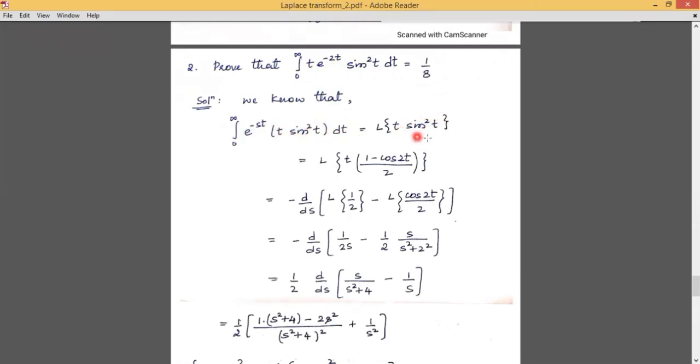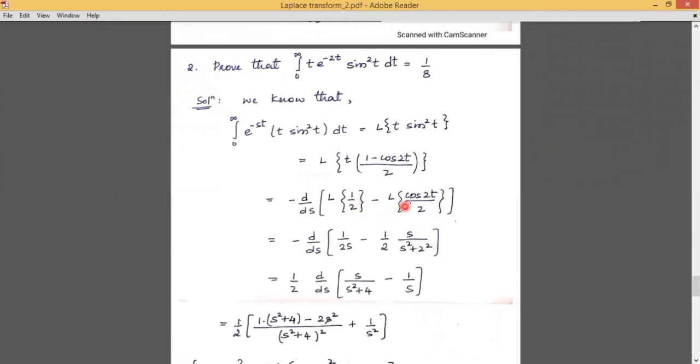So first we'll find the Laplace transform of sin^2 t. Sin^2 t I can write as (1 - cos 2t)/2. So the Laplace transform of t times this will be -d/ds of the Laplace transform of 1/2 minus the Laplace transform of cos 2t/2. The Laplace transform of 1/2 is 1/(2s).